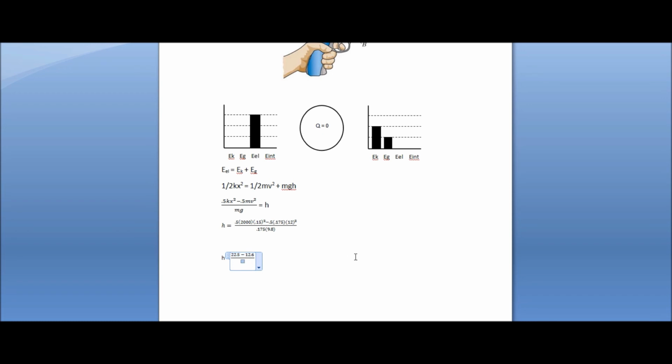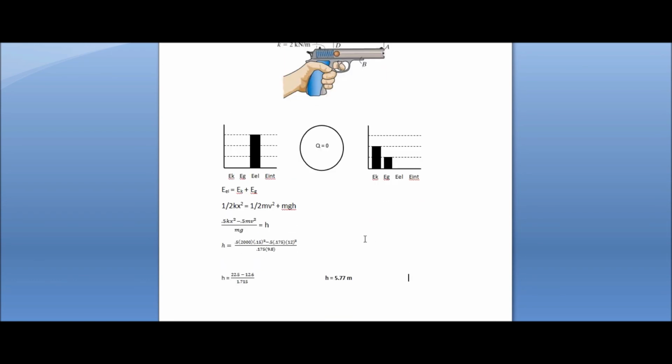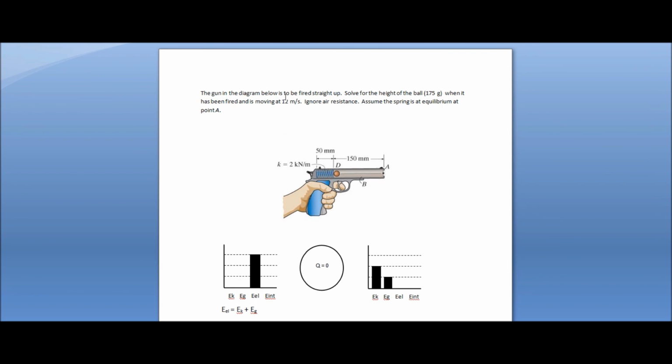And 0.175 times 9.8 is 1.715. That means our H is equal to 22.5 minus 12.6, which is 9.9, divided by 1.715 gives 5.77 meters. So that is the height of the ball if this was to be shot straight up when we are moving at 12 meters per second.